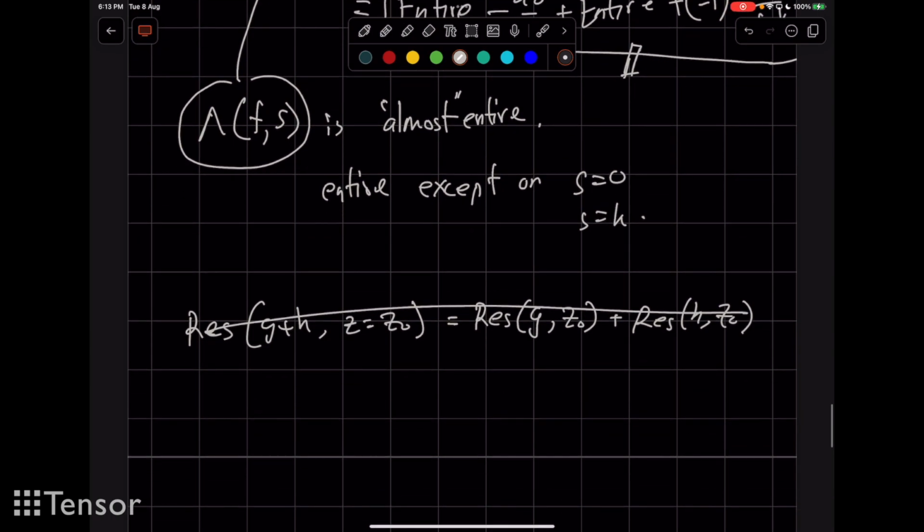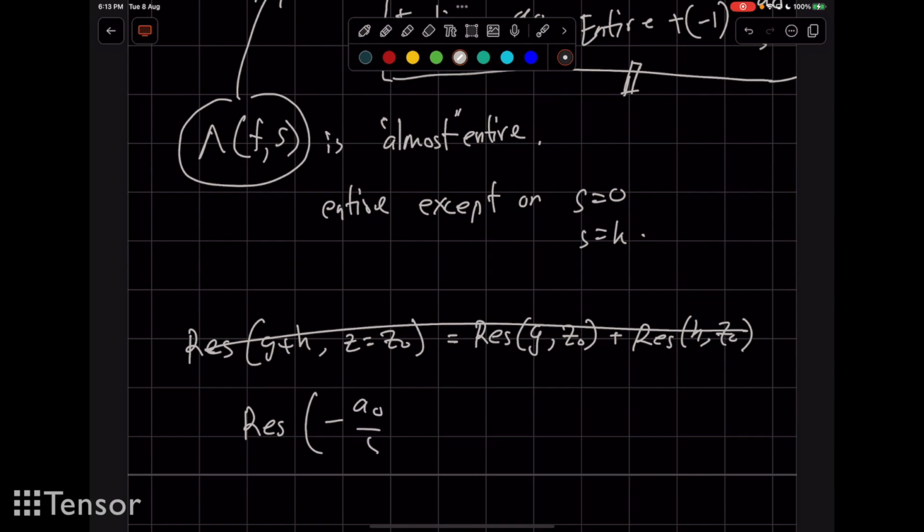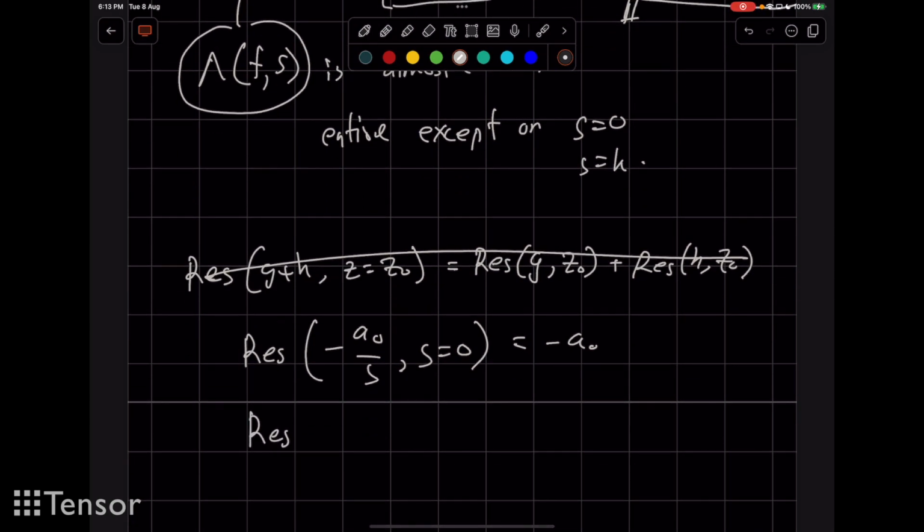Now, what is the residue of negative a naught over s at s equals 0? We know that it's negative a0. What is the residue of negative 1 to the power k over 2 a0 over s minus k?